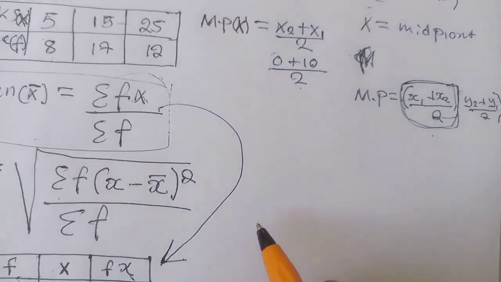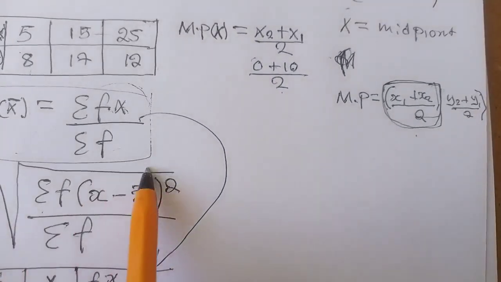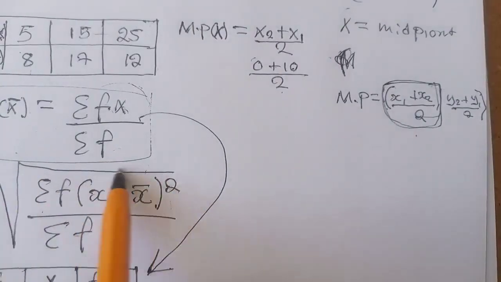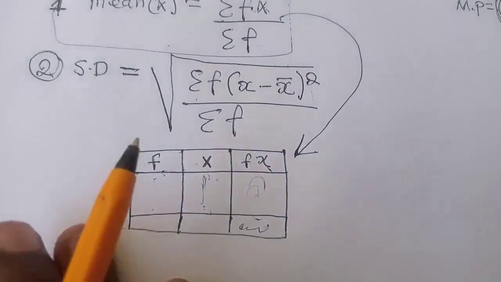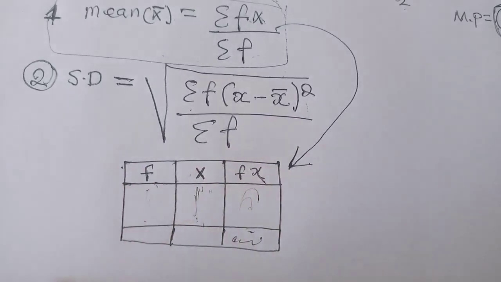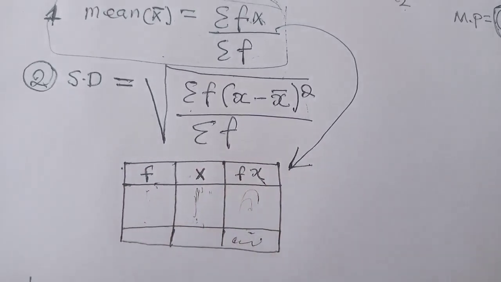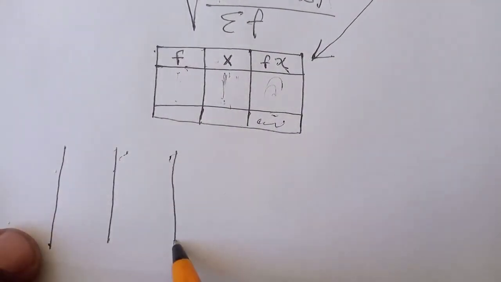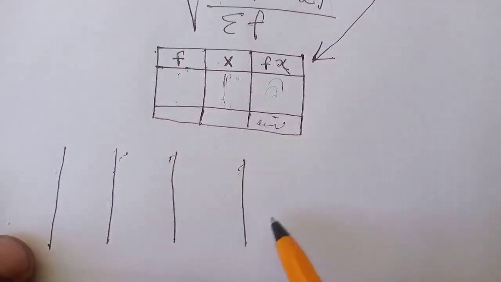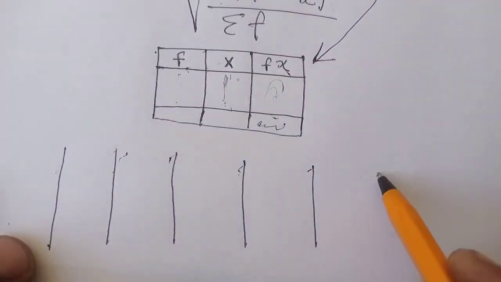I also said that if you want to find the standard deviation, it has only 5 columns. 1, 2, 3, 4, 5.